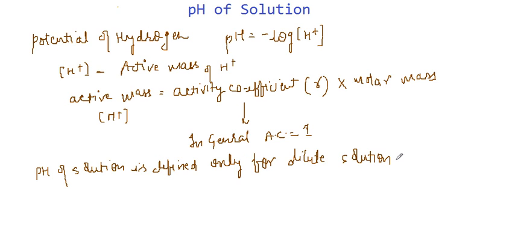So now let's take an example. If we have a concentrated solution, for example pH of 10 to the power 2 molar HCl. Now it is not a dilute solution, so it is a concentrated solution. Now we have to take the activity.